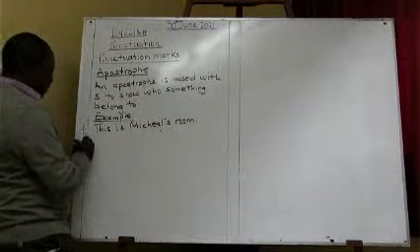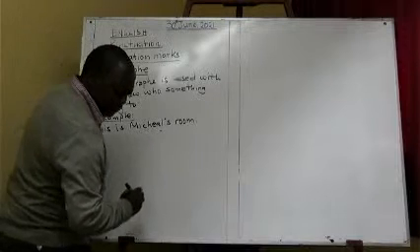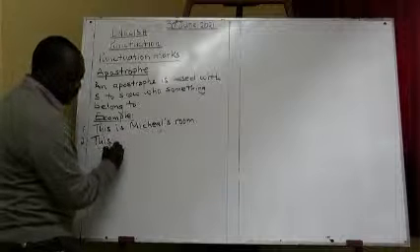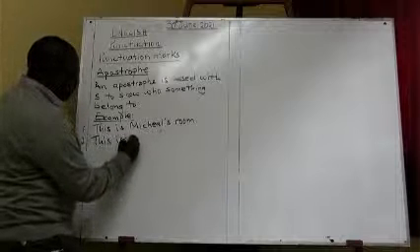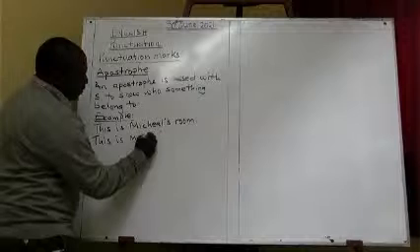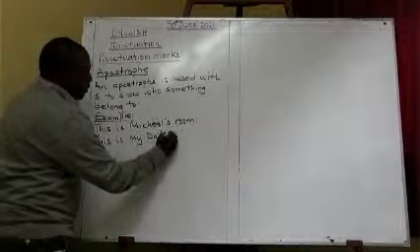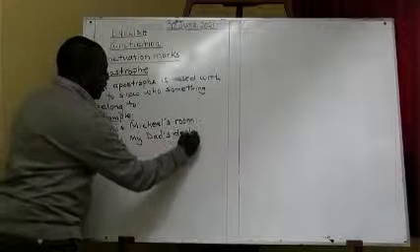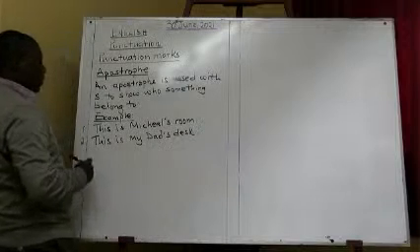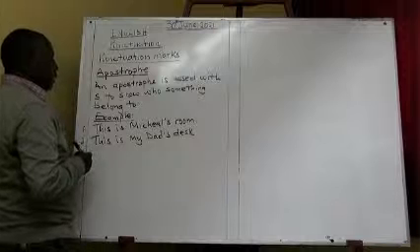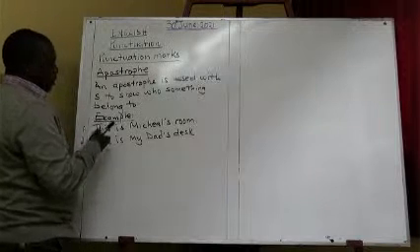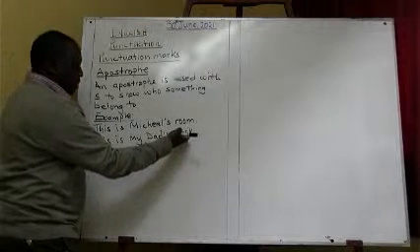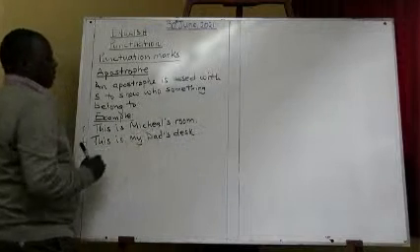Okay, another example. This is my dad's desk. This sentence is telling us that this desk belongs to dad.